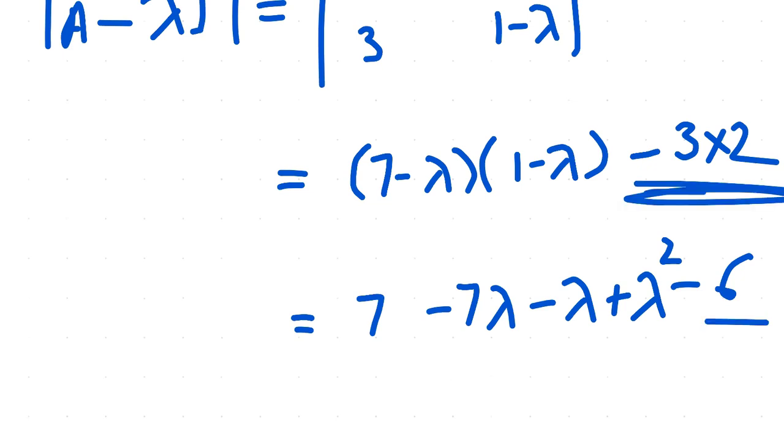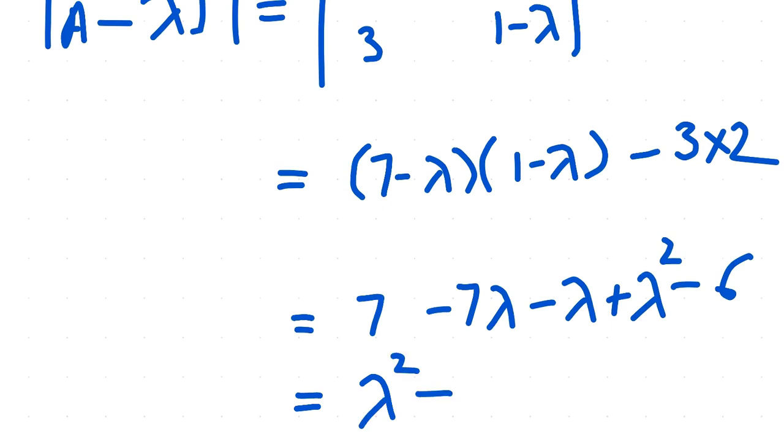So let us simplify it and write in order: lambda square minus 8 lambda plus 1. And this is the determinant of A minus lambda into I.